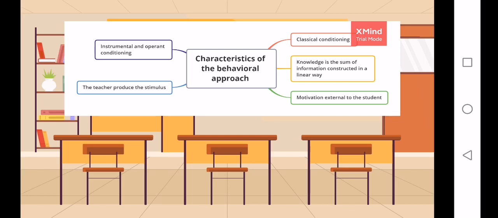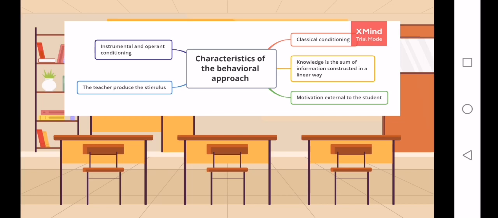And instrumental and operant conditioning. It is developed from Skinner's contributions and is the application of reinforcement theory by employing these principles in a positive way. Adaptive learning behavior is stimulated, and this can be positive reinforcement such as rewards or gifts at the end of the activity.